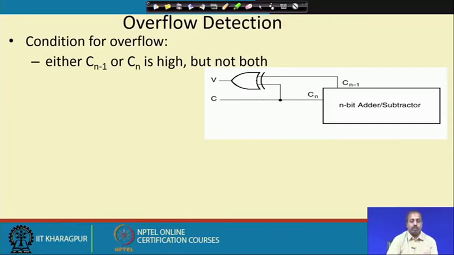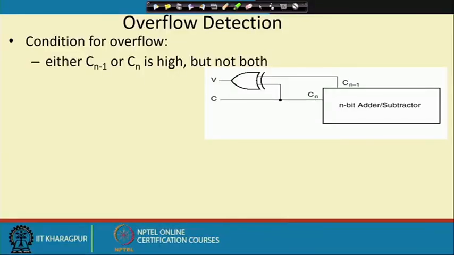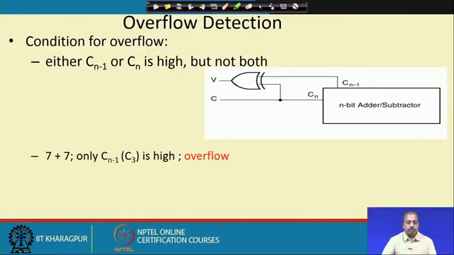So, the condition for overflow is that either C n minus 1 or C n is high, but not both. If you summarize all the 4-5 cases that we have seen previously, you will come to this conclusion: C n minus 1 or C n should be high, but not both. That is the condition for overflow.